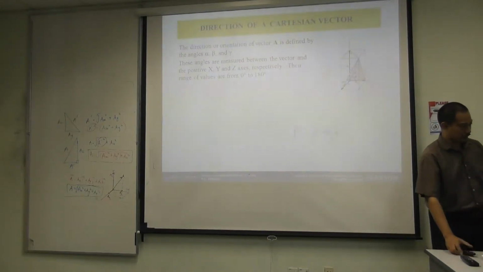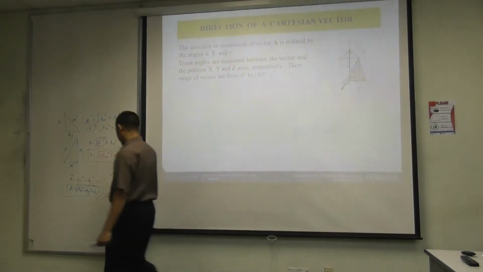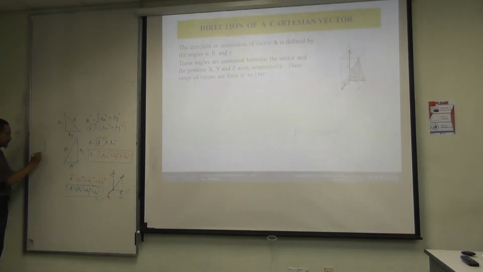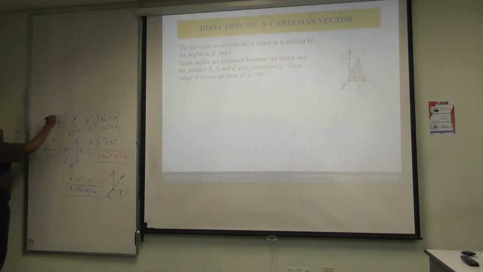That's one way of representation, where the question can give you a vector from which you can find the x, y, z components. The question can also give you a different format, where it just gives you this angle, this angle, and this angle, alpha, beta, and gamma.